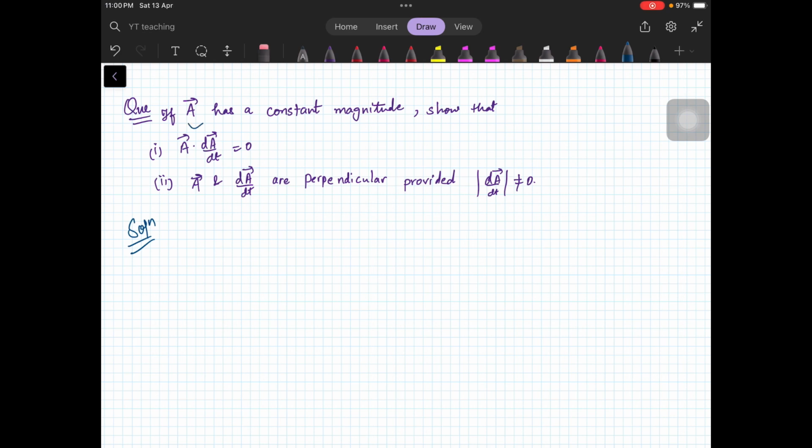Let A have a constant magnitude. Show that A dot dA by dt is 0. So what we are going to do here is, A has a constant magnitude, so I have mod of A equal to constant.